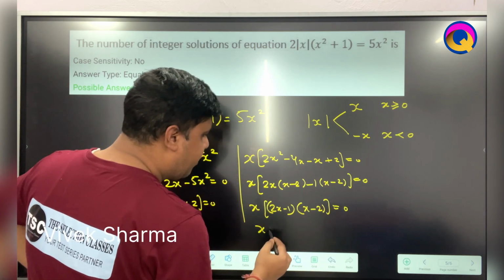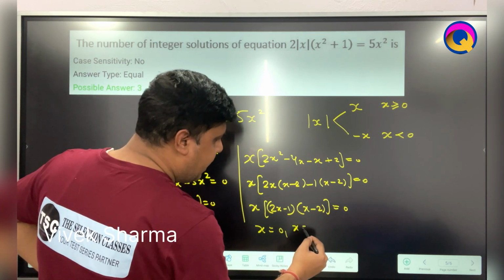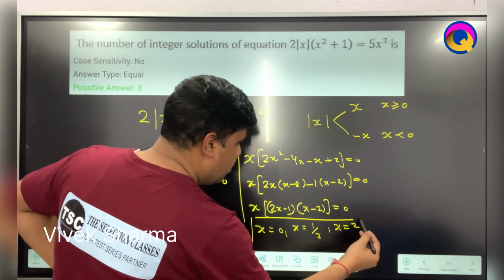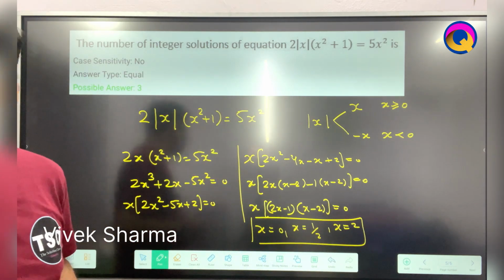So from here I have x equals 0, x equals 1 by 2 and x equals 2. So we have 3 solutions possible.